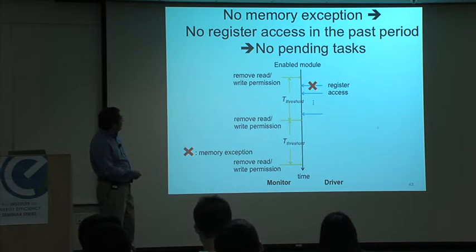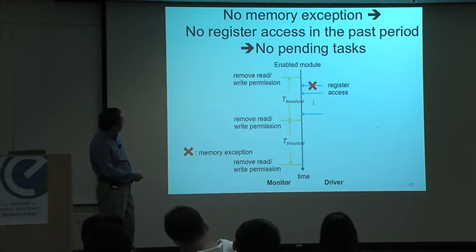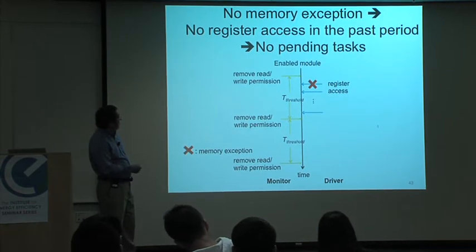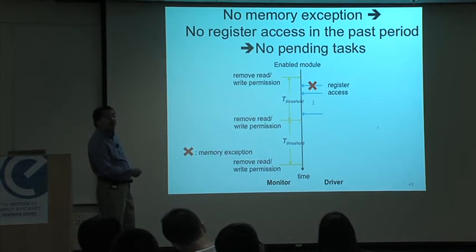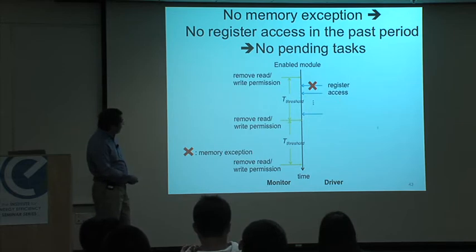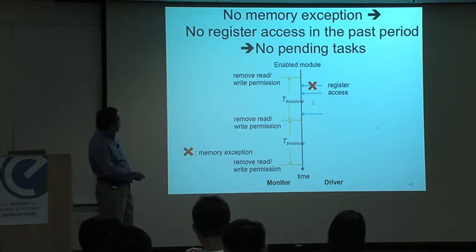Then at the next periodic check, of course, you first remove the read-write permission again, and you take note whether you observed register access in the past period or not. If you did, then you do nothing. That means this module is being used. But in the second case, when you check the second time, you realize nobody has accessed the registers in the last period.